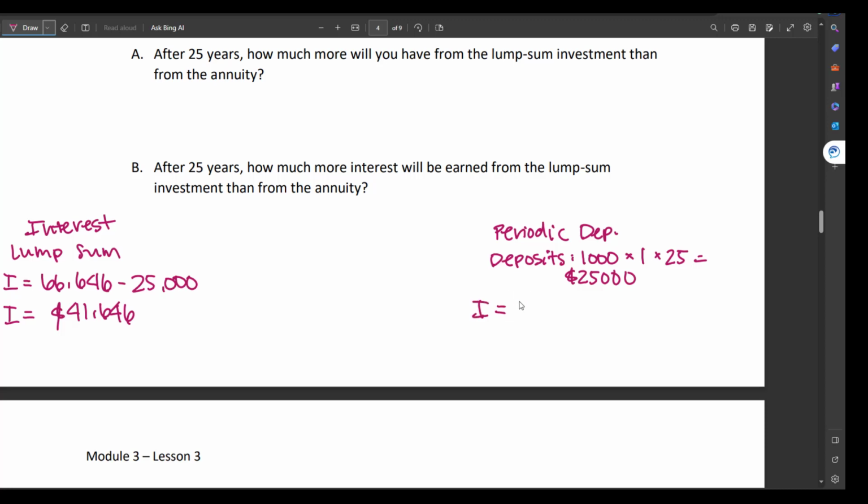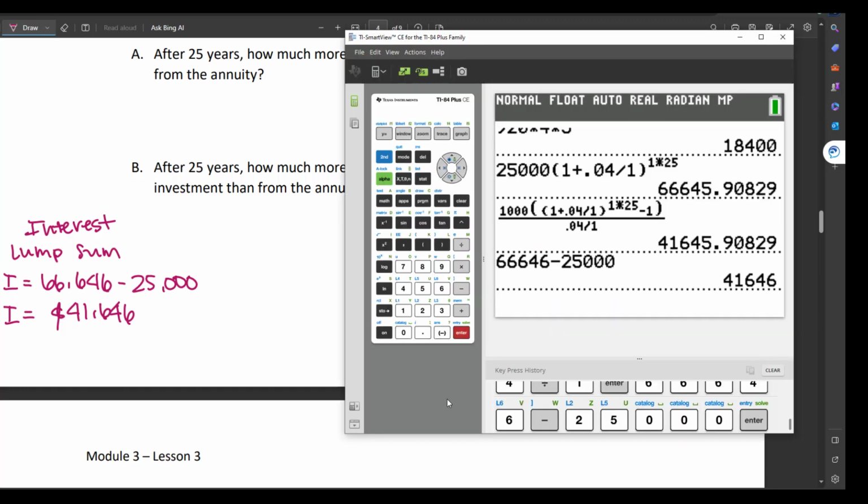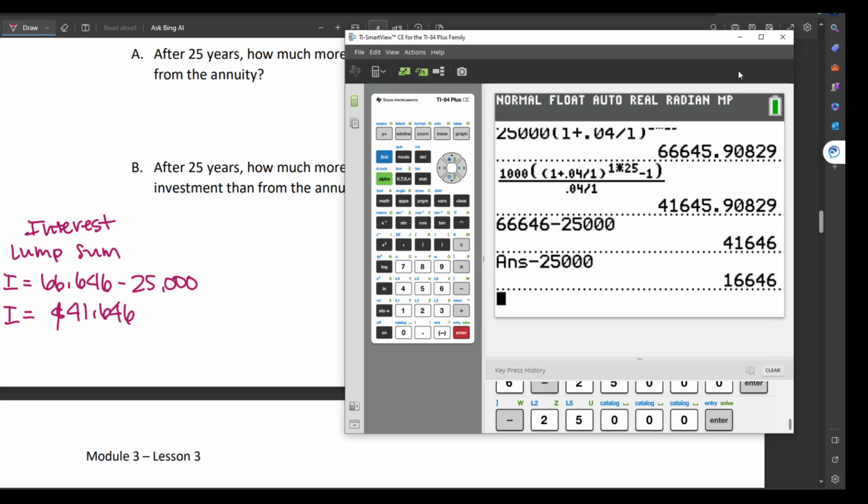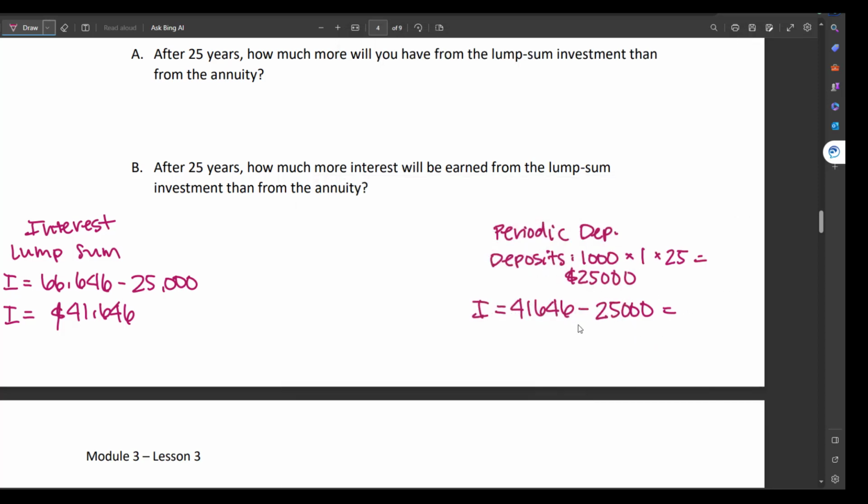And I equals our future value, so 41,646 minus 25,000. Our interest for the other one, minus 25,000, 16,646. I'm sorry, 16,646 is our interest for both.